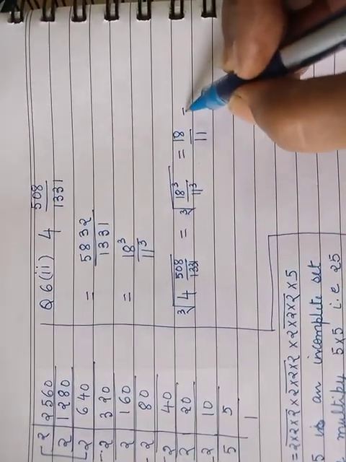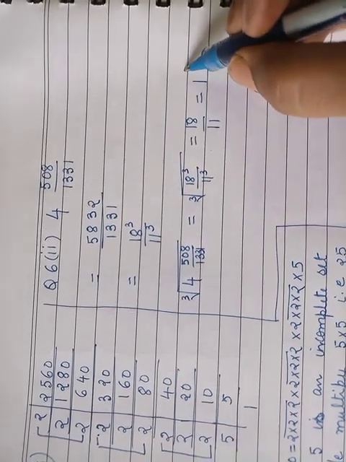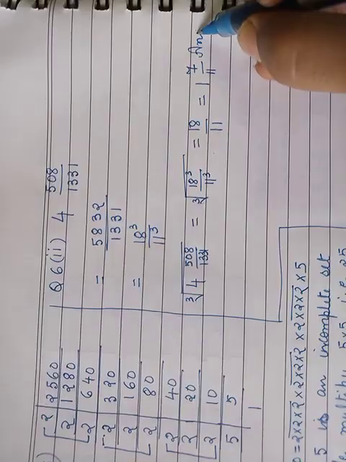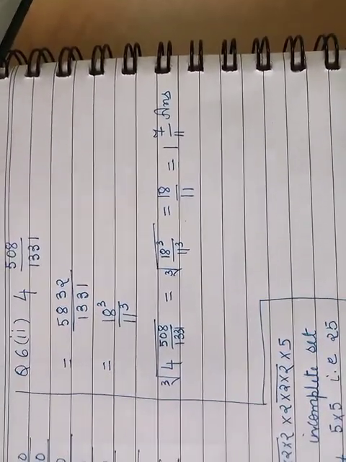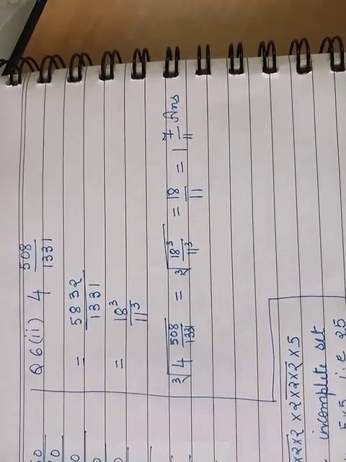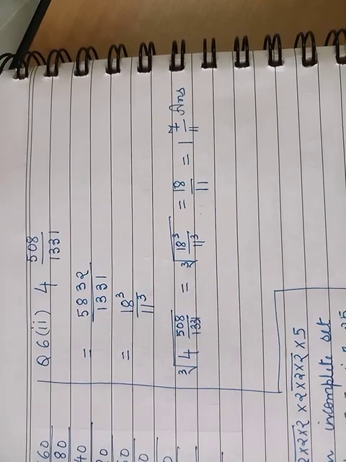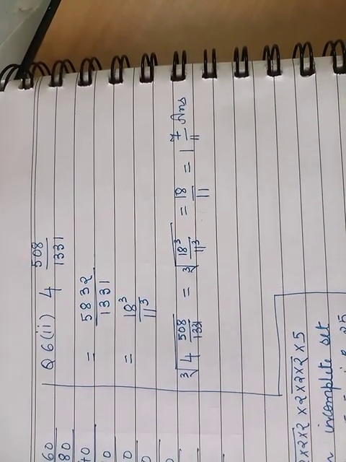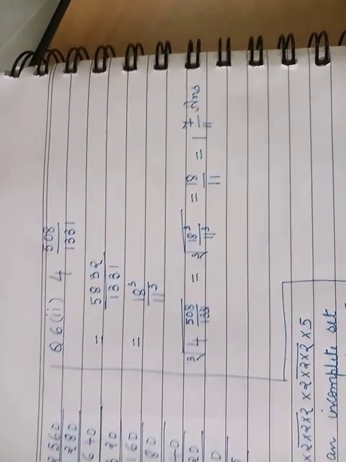Now it's an improper fraction, you need to convert it into a mixed fraction. 11 ones is 11, 7 left. So this way you have to do. If you have learned the cubes, fine; if you haven't, then you have to do the prime factorization of 5832 and 1331 in the rough column and then you can write the answer.